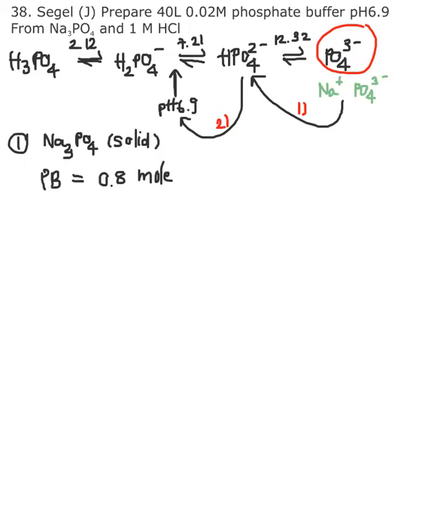So we need to make phosphate buffer of 0.8 moles. But for sodium phosphate, how can you calculate the amount of the solid form? You need to think about 0.8 moles of sodium phosphate.